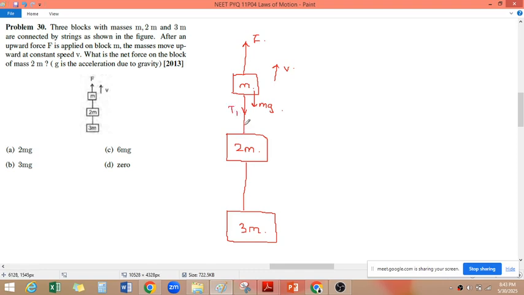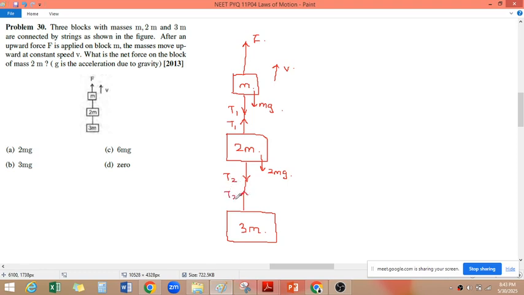And similarly, this is held upwards because some tension is acting here. And this is acting downwards, mg, weight. Similarly, this tension is pulling it downwards, so I will call this tension 2.